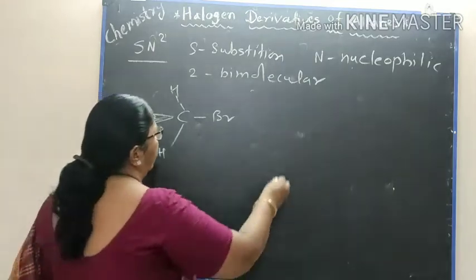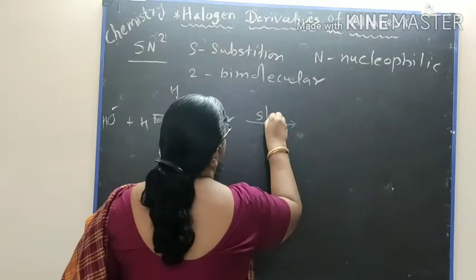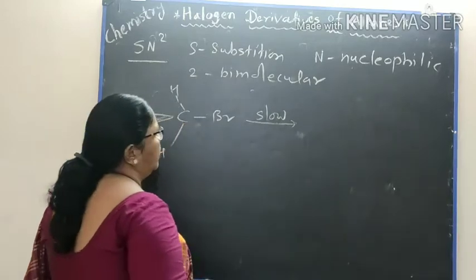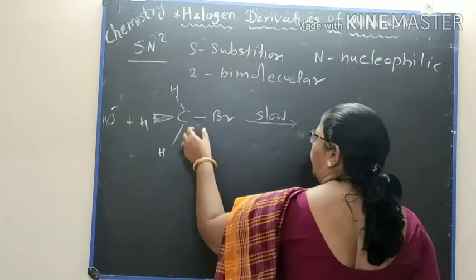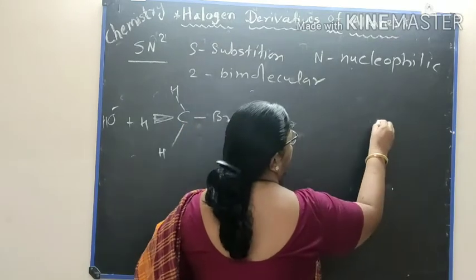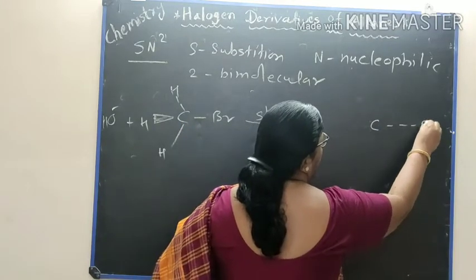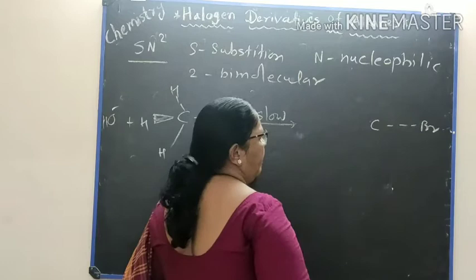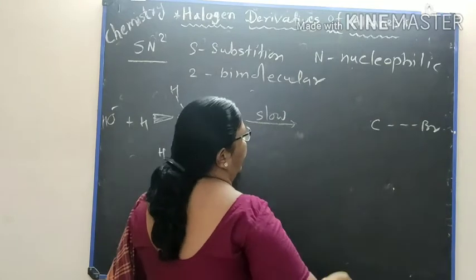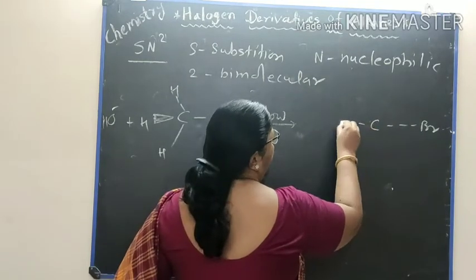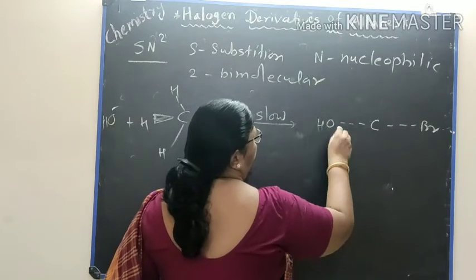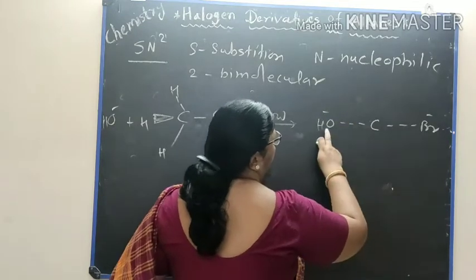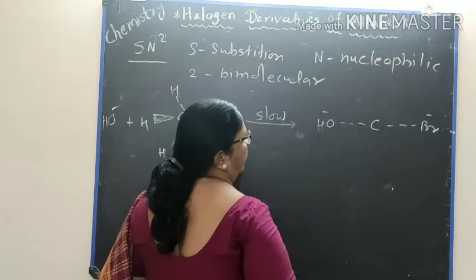This is a slow step reaction. First there is partial breaking of the C-Br bond, and partial formation of the bond between the hydroxyl group and the carbon atom.